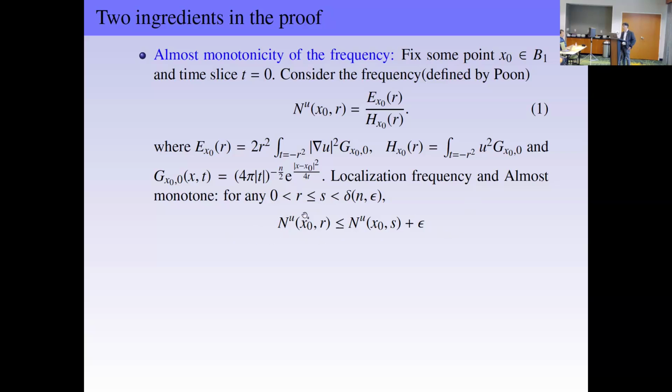Most important is that R and S do not need to be comparable. So R can be very small. If we directly argue by contradiction, we can only see R and 2R, where the scales are comparable. But here we can get it for any R and any S.